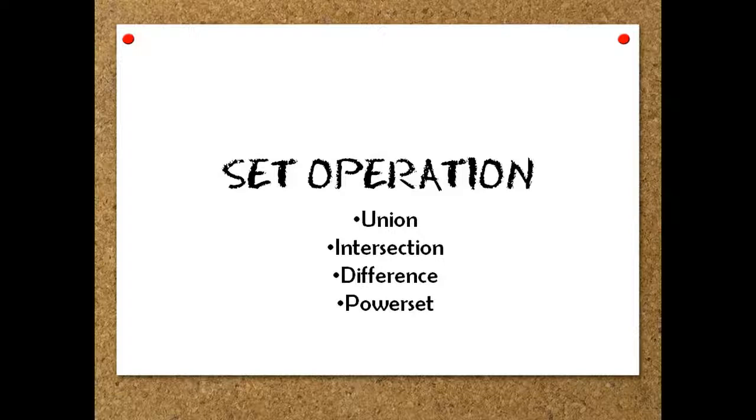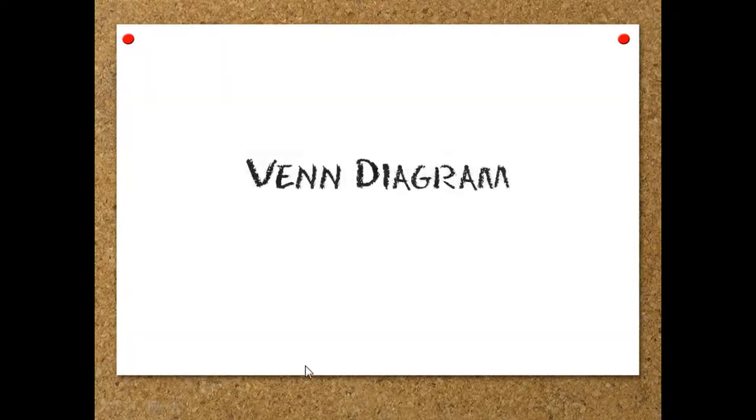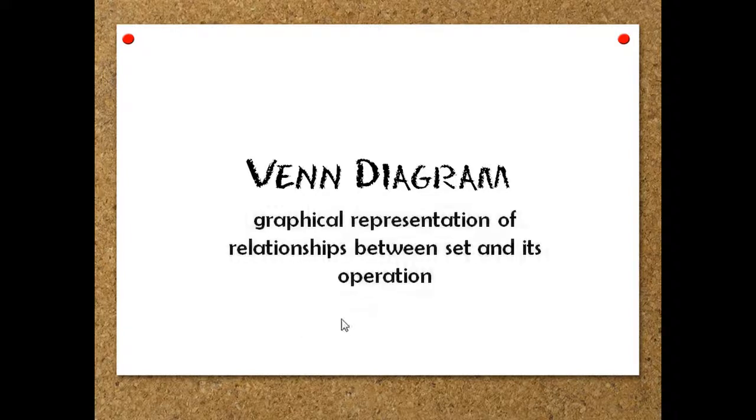So, what is a Venn diagram? A Venn diagram is a graphical representation of the relationship between sets and their operations. Later you will see how we are going to use the Venn diagram for us to understand set operations better. To understand it better, I'm going to give you this example.